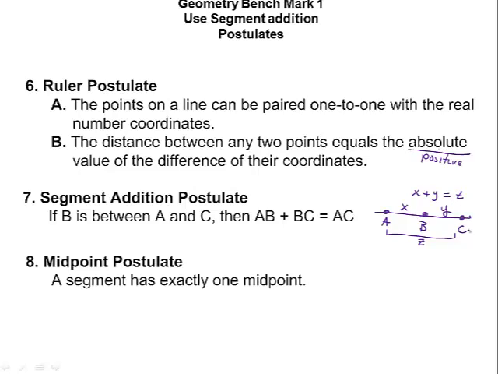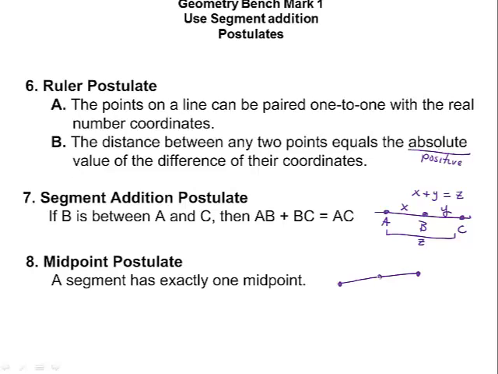We have the midpoint postulate, which tells you that a segment has exactly one midpoint. And that's another thing that kind of makes sense. The midpoint is the halfway point. So there's only going to be one point that's exactly halfway on a segment. Can't have it on a line, can't have it on a ray, because they're forever.